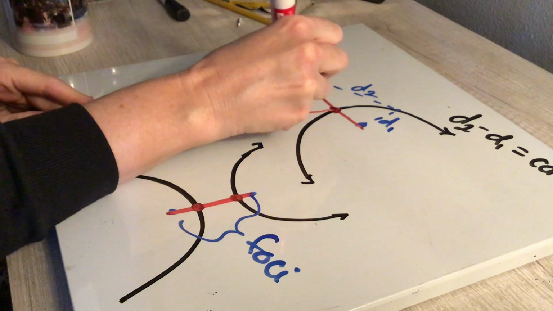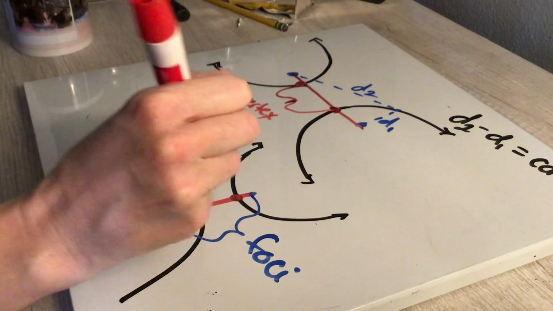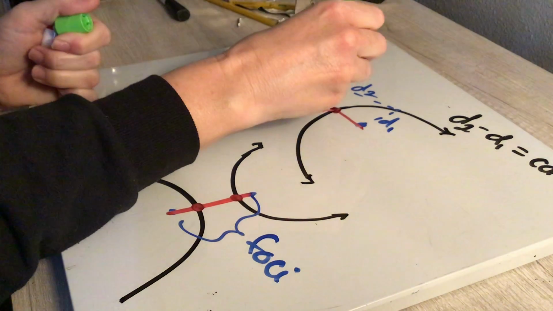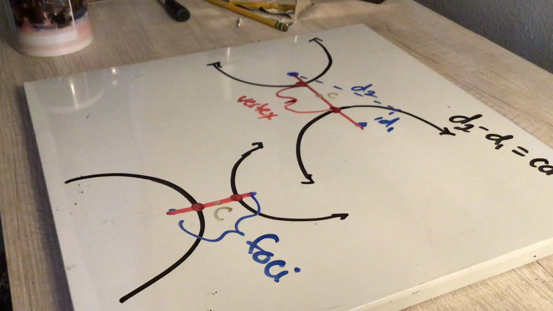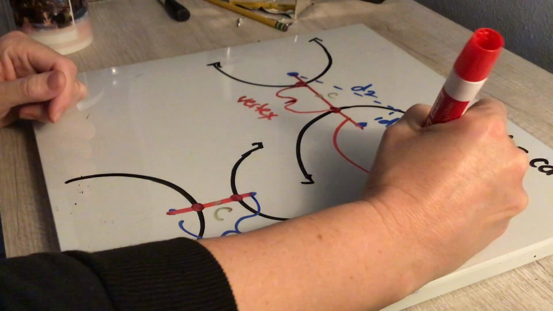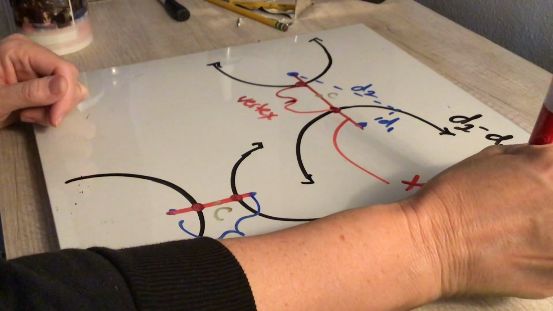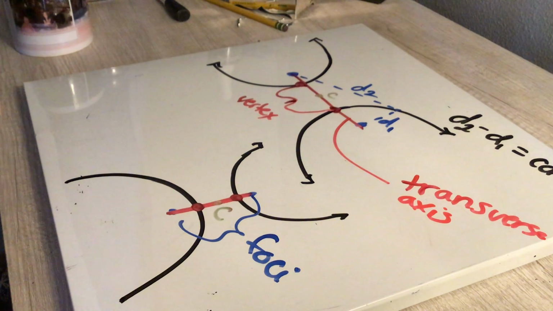Halfway between the two vertices is the center. I'll put the center here. The line that passes through the two vertices is called the transverse axis. The midpoint of the transverse axis is the center, halfway between the two vertices.